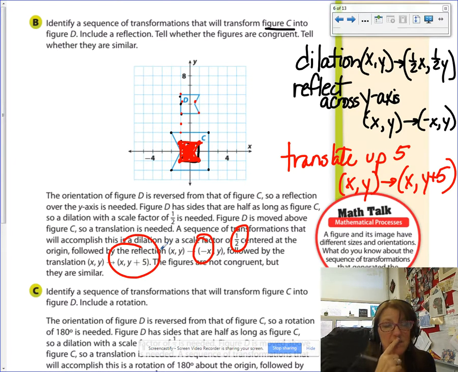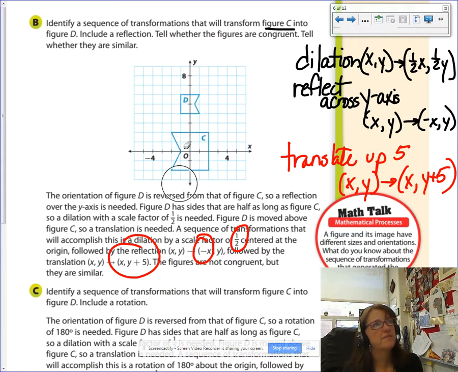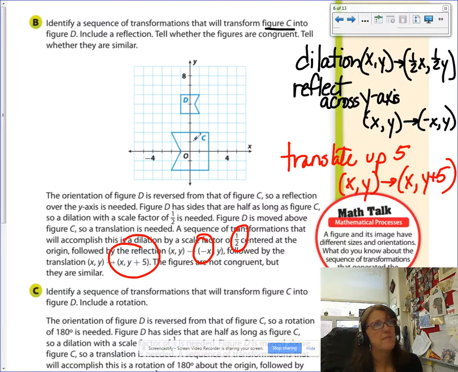Now, here's the deal. You could actually have done this with a rotation as well. If you would have shrunk it down first, just like we did last time, then you would have gotten this thing.